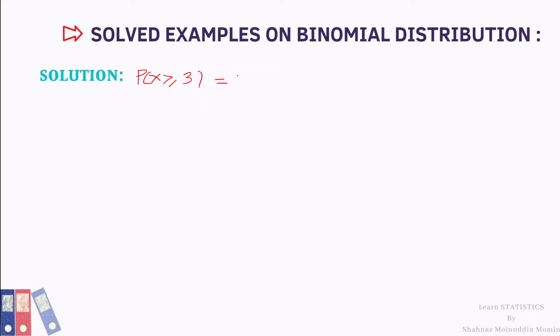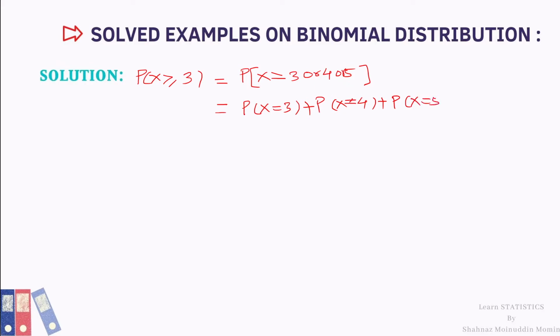In the first way, this is nothing but probability x is equal to 3 or 4 or 5, which is equal to probability x equal to 3 plus probability x equal to 4 plus probability x equal to 5. This is one way to calculate probability x greater than or equal to 3.